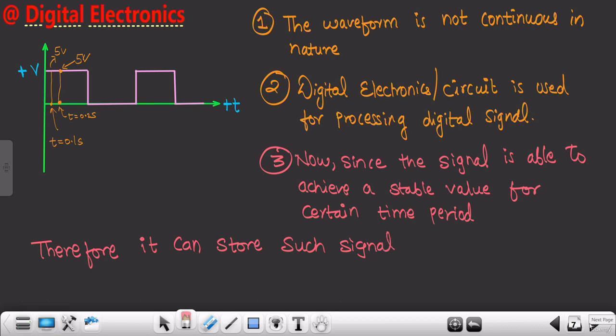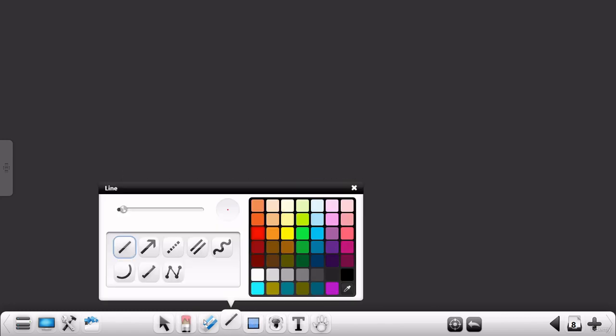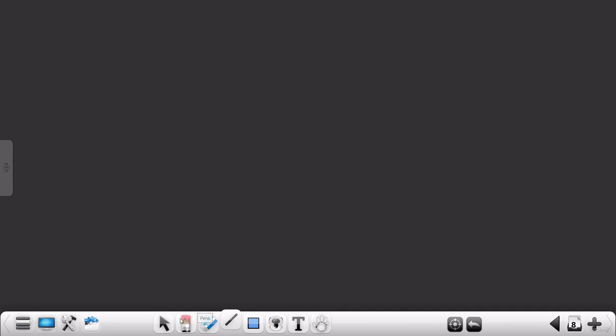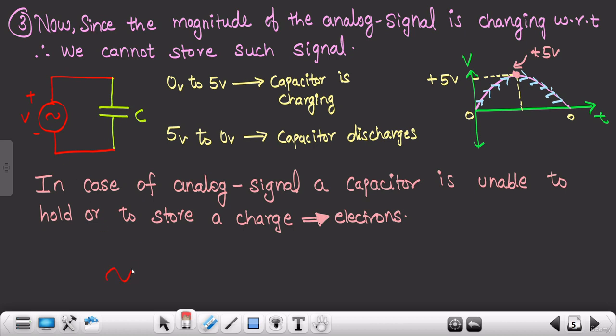So for that, what I will take, let me take this particular color and see over here, this particular thing is representing that I'm providing a digital signal. On the contrary, if you see such kind of signal, it represents that I'm providing an analog, a sine wave signal, right?